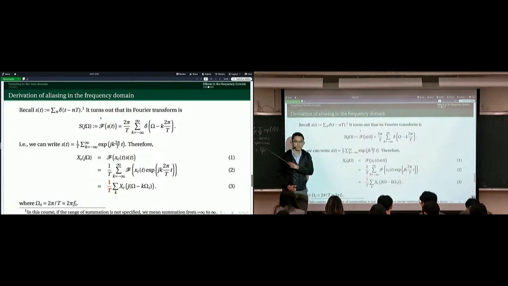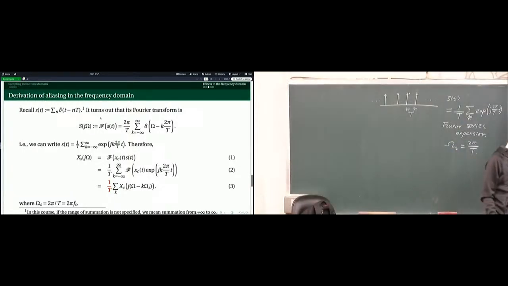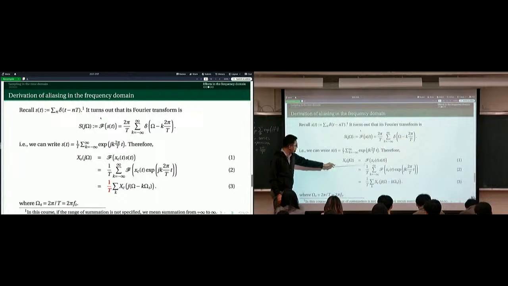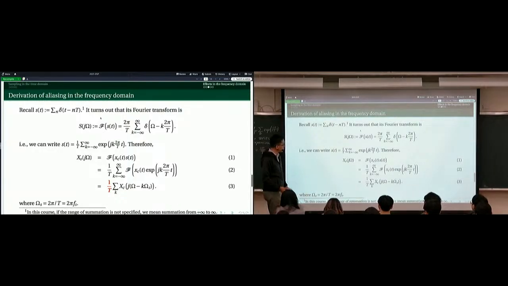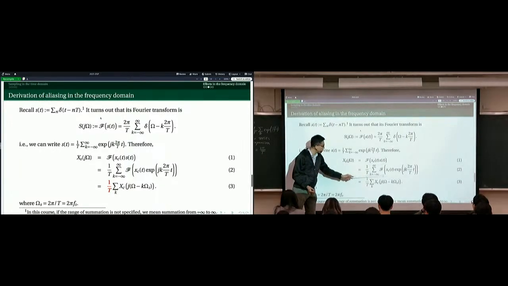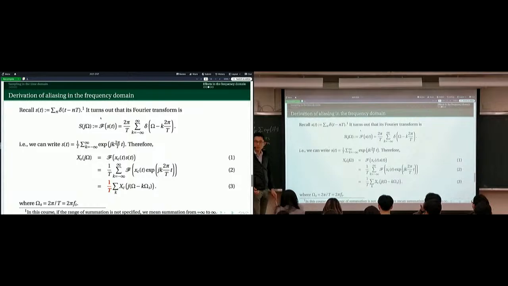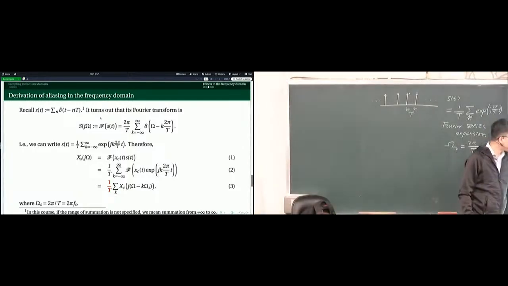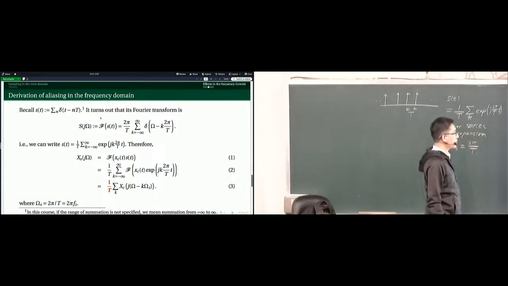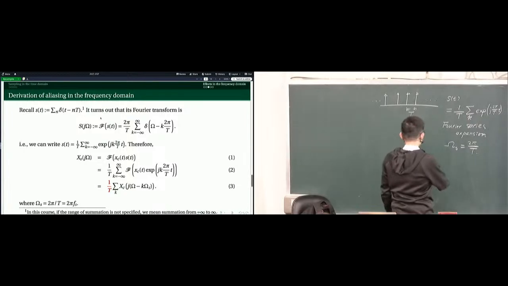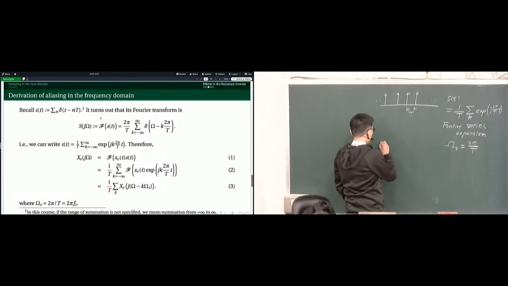Multiplying by S of t is equivalent to sampling. Then we go to the frequency domain, and because of linearity we can take the summation outside the Fourier transform. For each term we apply the shift theorem, and we reach this final expression, which I'm also going to copy.